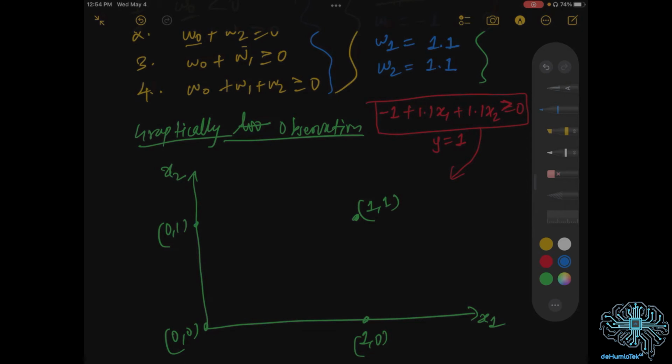It won't exactly cross because it's greater than 0, so it will come somewhere there, just a little bit lower than 0 1 and 1 0.